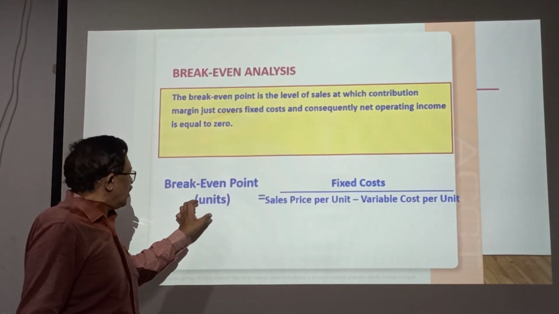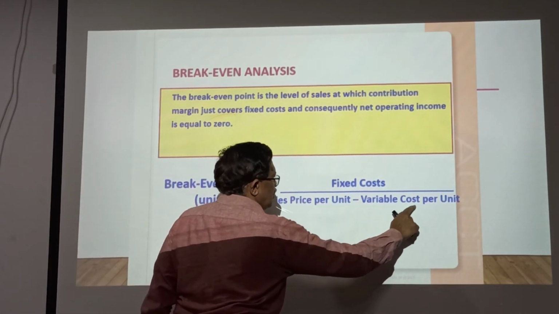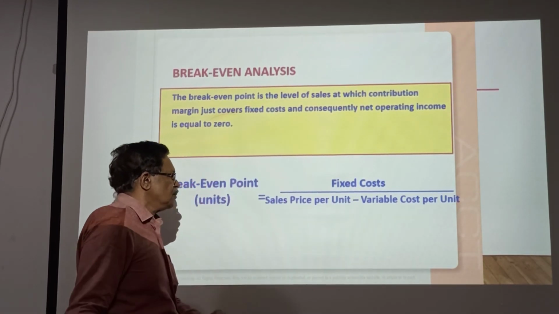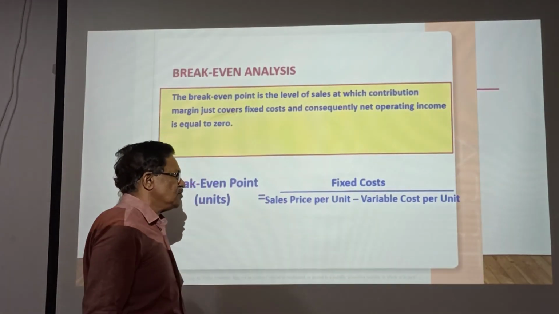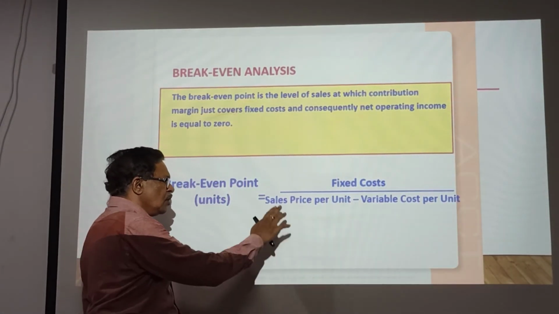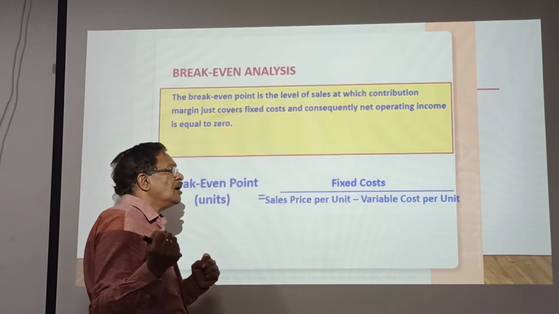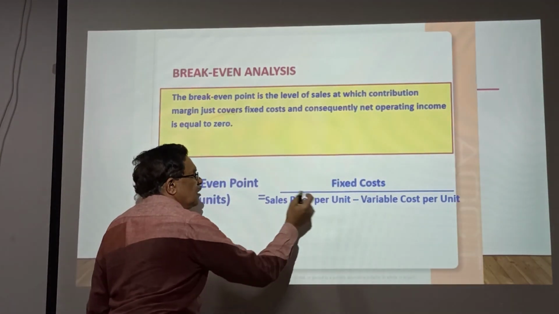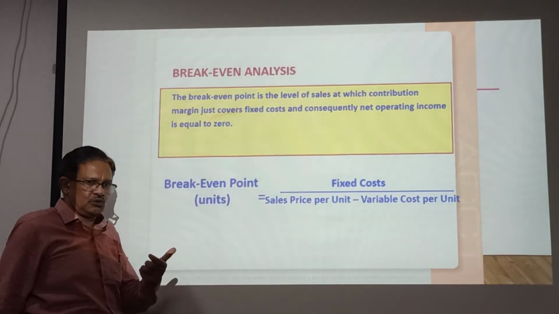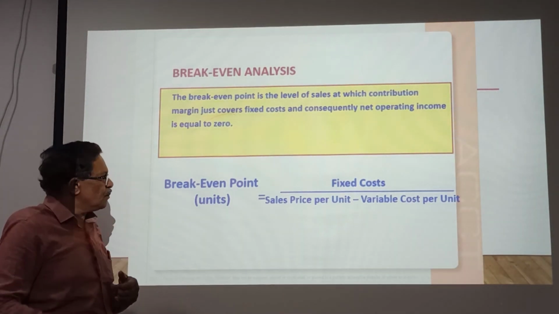So the break-even point in units is nothing but fixed cost divided by sales price per unit minus variable cost per unit. Supposing that the fixed costs are 1,000 rupees, my selling price is 10 rupees and the variable costs are 5 rupees. So I am left with 5 rupees as a contribution margin per unit, and 1,000 divided by 5 rupees gives us the number of units I need to produce to get to the break-even point.